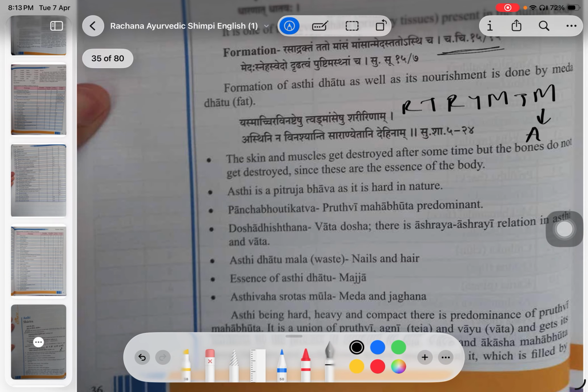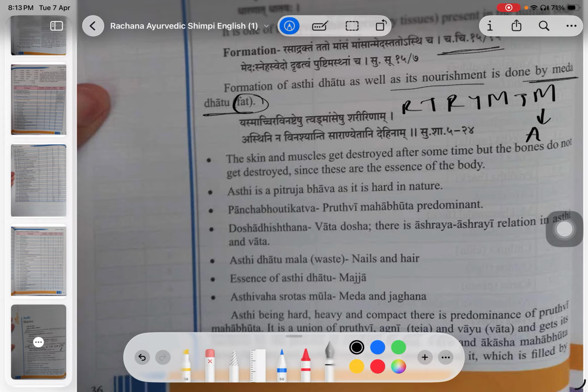Formation of Asthi Dhatu as well as its nourishment is done by Med Dhatu. That is considered to be fat in some cases. In some cases it is also considered to be lipid compounds. In some places it is also correlated to the subcutaneous fat.